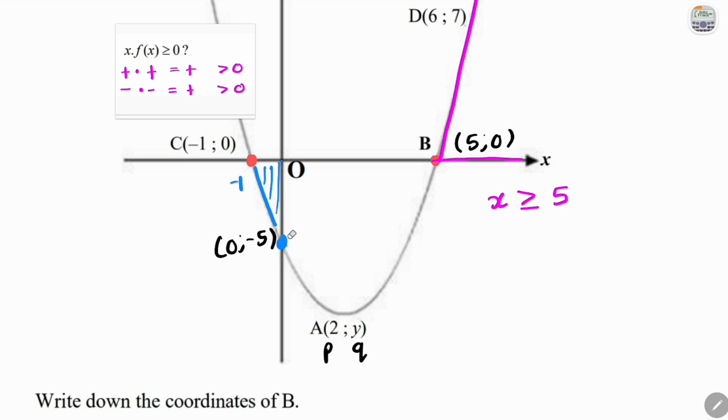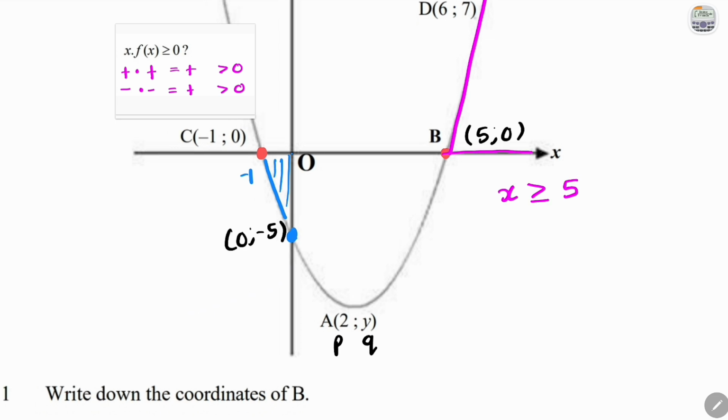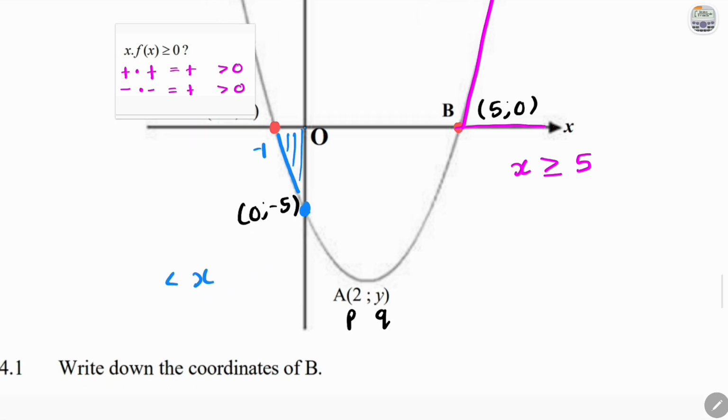After this, we no longer have that scenario. Here the graph is negative, but unfortunately the x values are positive all through there. At this point, x equal to 0 is also an included value, because the x value is 0, and if you multiply by the y value of -5, you also get 0. So this is where x is greater than or equal to -1, but less than or equal to 0.